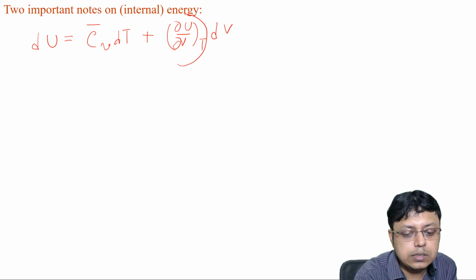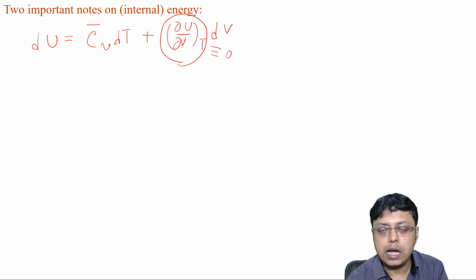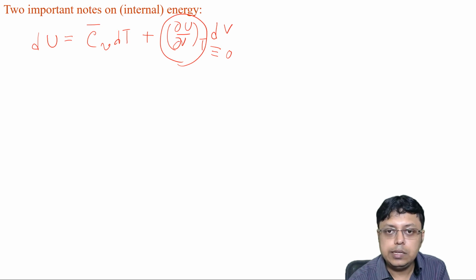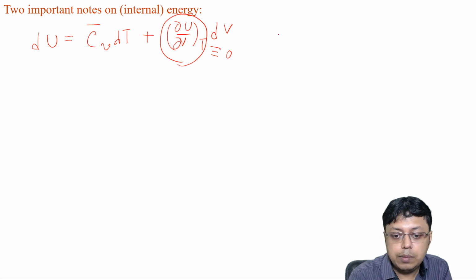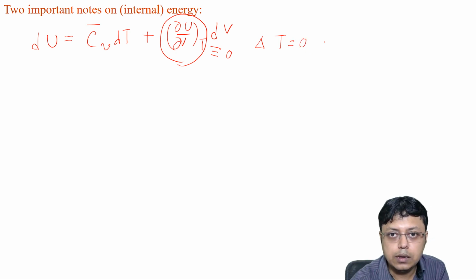Now this second term was taken to be 0 for an ideal gas. This was based on Joule's experiment, and remember that in Joule's experiment, Joule found there was no rise in temperature, delta T was 0. From that he concluded (del U/del V) at constant T is 0.